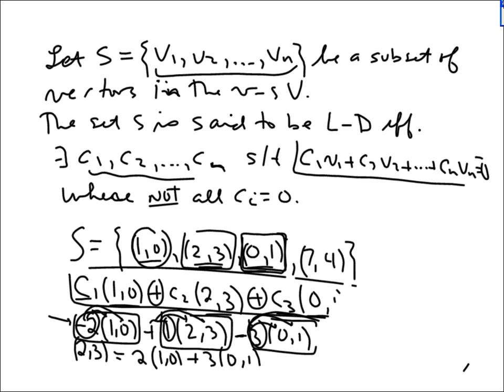I just arbitrarily chose it. I will let C4 be 0, because I know what I have in this line already is (0, 0). So if I add 0 times (7, 4), it didn't change the answer. It's (0, 0).